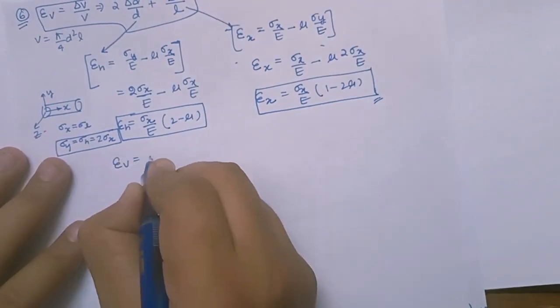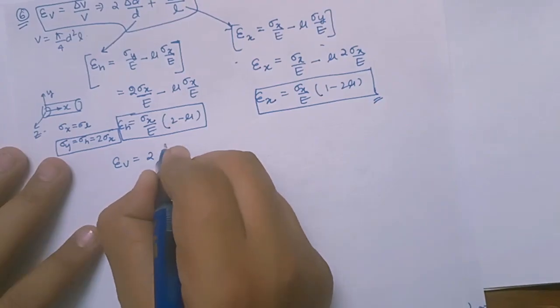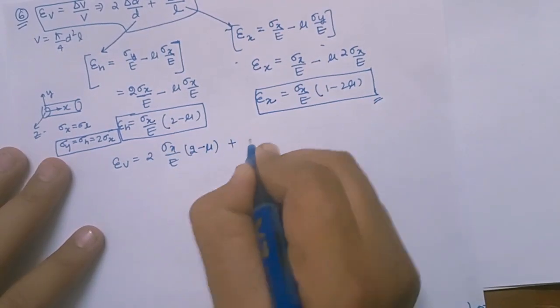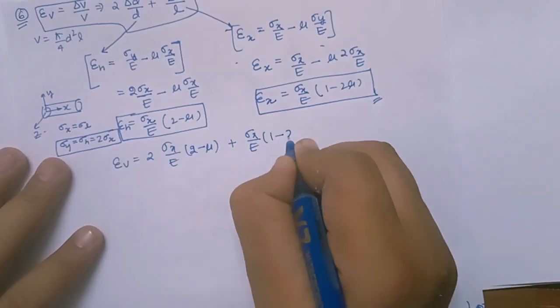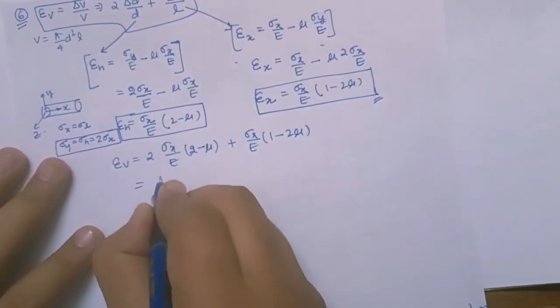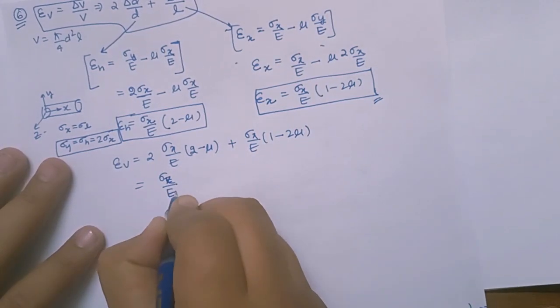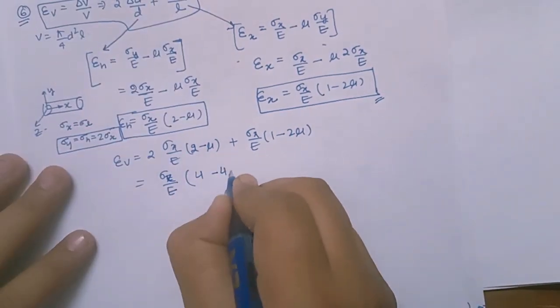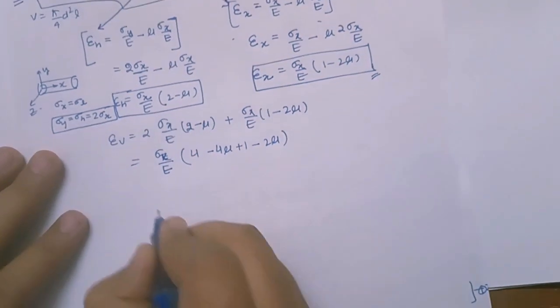Epsilon V will be 2 times sigma x by E, 2 minus mu, plus sigma x by E, 1 minus 2 mu. Take sigma x by E common: 2 twos are 4, minus 4 mu, plus 1 minus 2 mu. What am I getting?